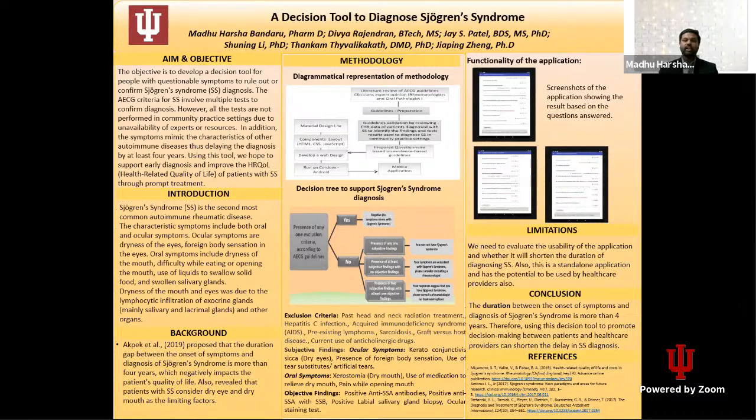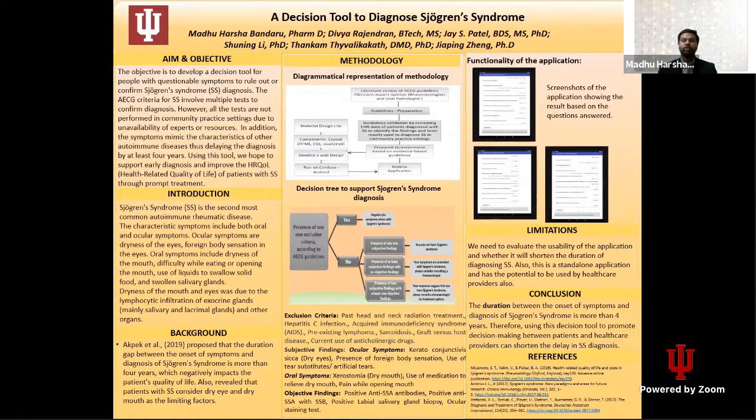The limitations of the study include the usability of the application to shorten the duration of diagnosis, and also it's a standalone application and has the potential to be used by healthcare providers as well. The conclusion is that by developing this decision tool application to diagnose Sjogren's syndrome, the duration between the onset of symptoms and diagnosis can be reduced, thus improving the health-related quality of life of the patients.